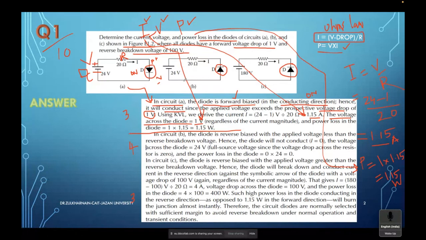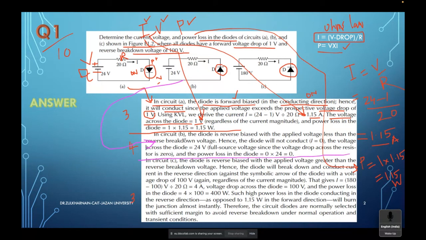I'll use this part, the B part of the question. So the B part of the question is related here, up till here. This is the B part of the question.